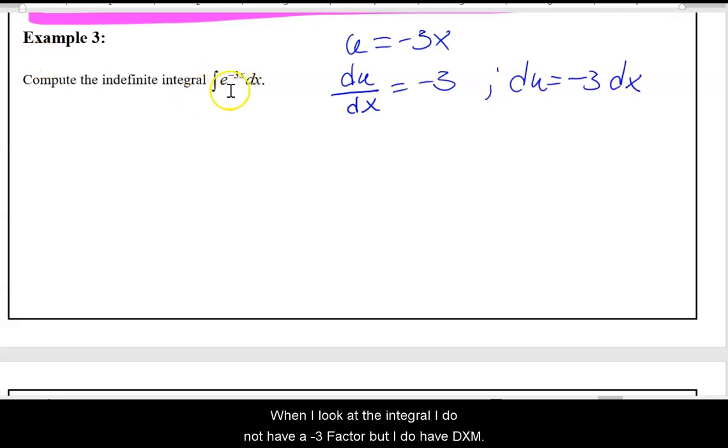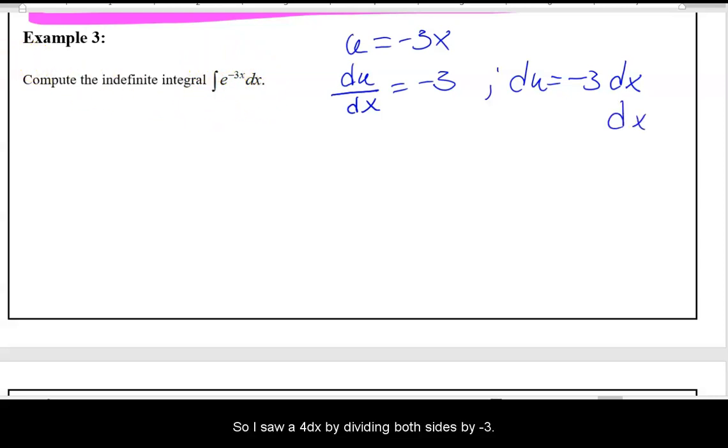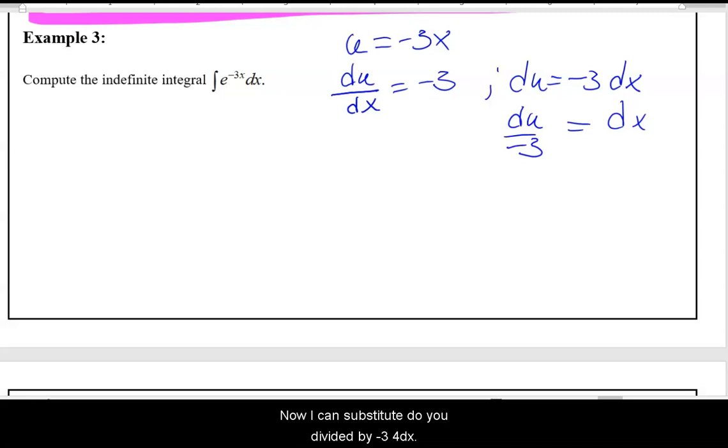When I look at the integral, I do not have a negative 3 factor, but I do have dx. So I solve for dx by dividing both sides by negative 3. Now I can substitute du divided by negative 3 for dx, and u can replace the negative 3x in the power of the exponential. Let's write this part down.